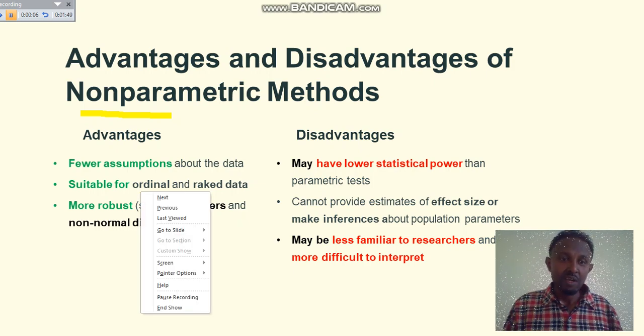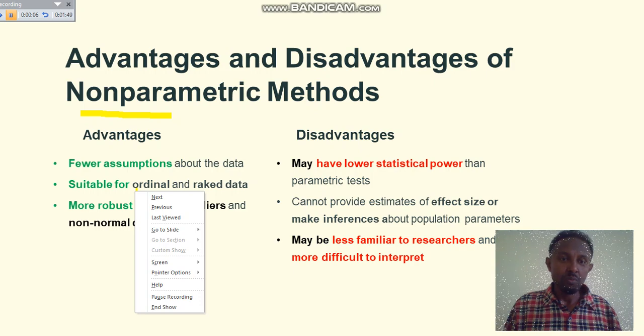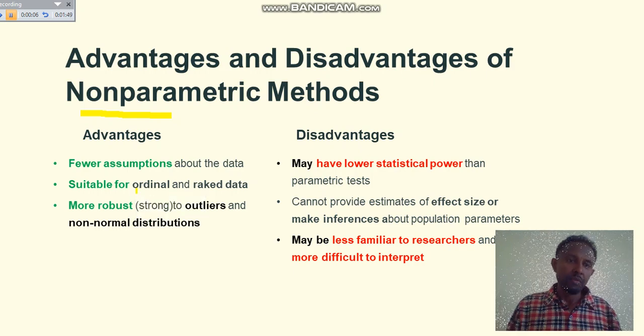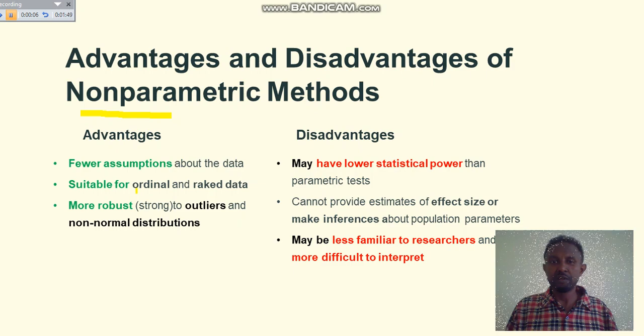That means it is more appropriate for Likert-type, orderly arranged variables. Third, more robust and strong to outliers and non-normal distribution. That means it is more appropriate for outliers and non-normal distribution types of data.